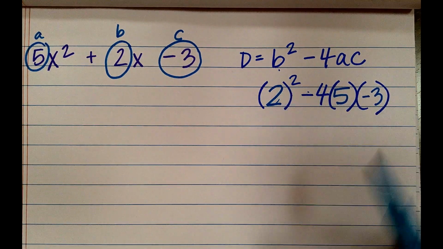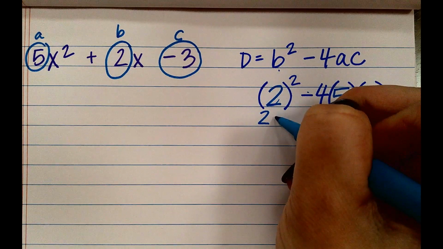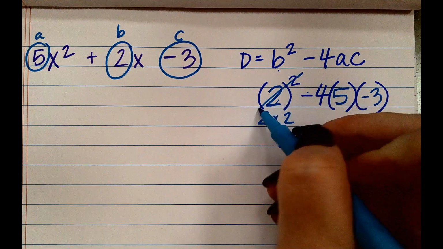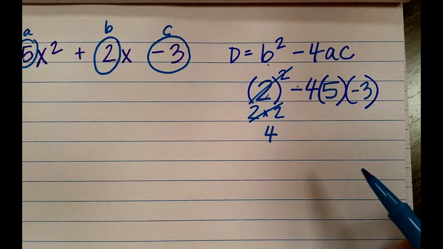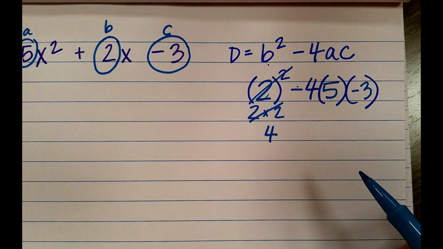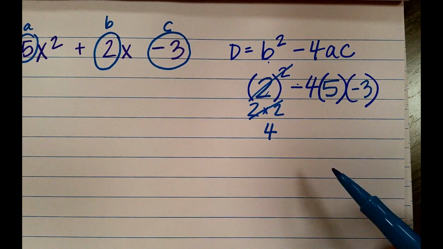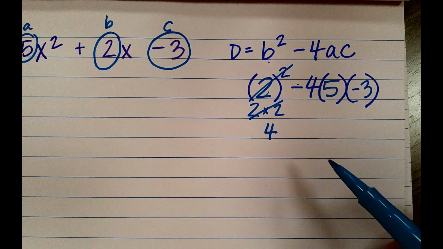Yes, 2 times 2, which is 4. Okay, so I'm done with that. What happens next? Bring down the negative 4. Yes.